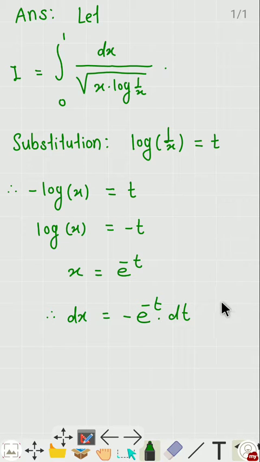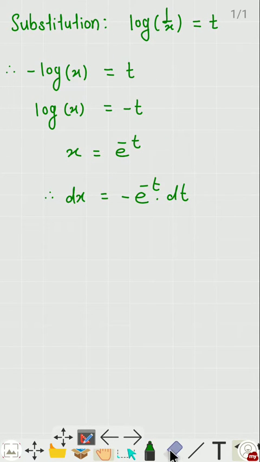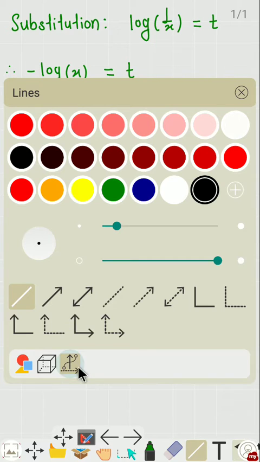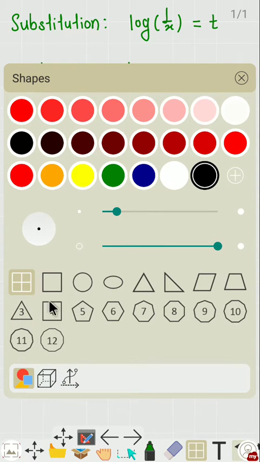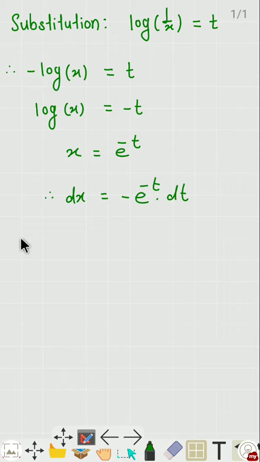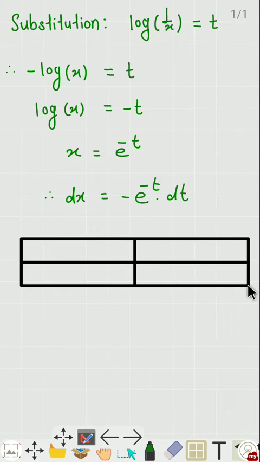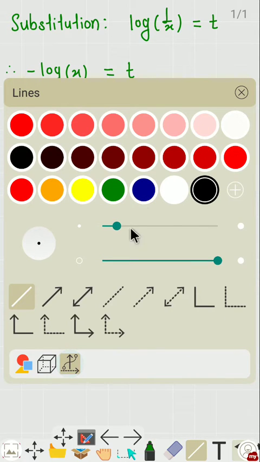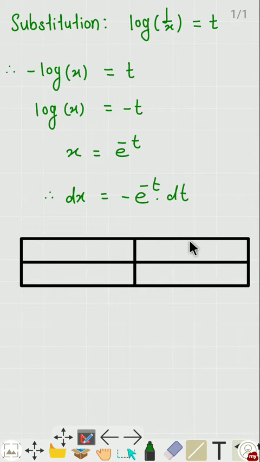Okay, so due to this substitution, the new limits which we get are, we write here new limits. Our old variable is x, new variable is t. Old variable x has limits from 0 to 1, and new variable will have limits.